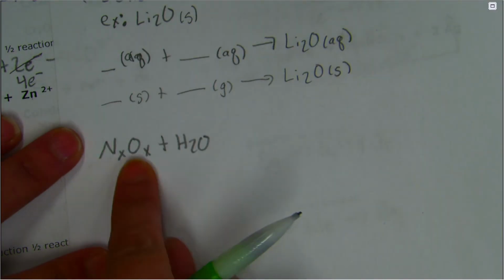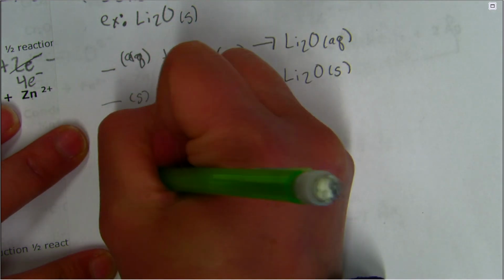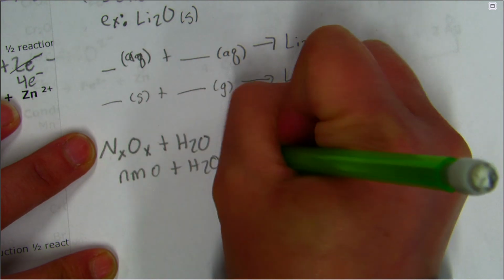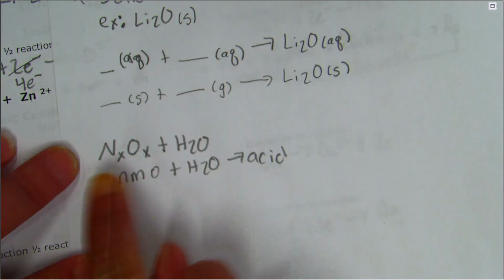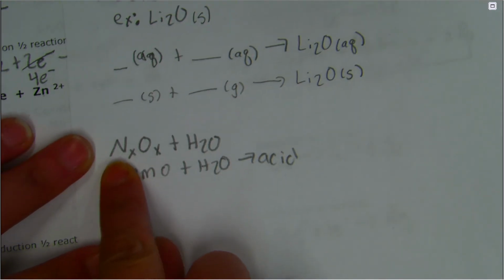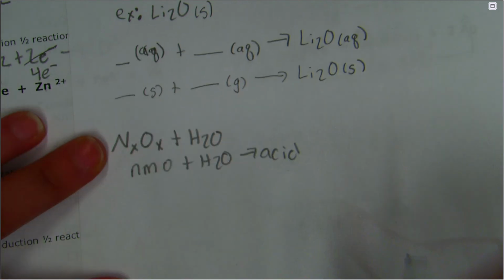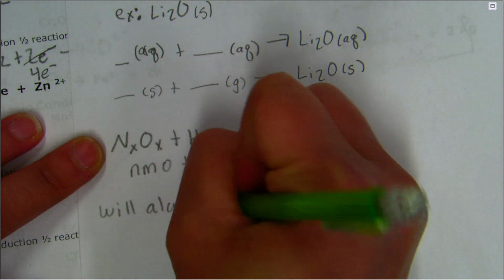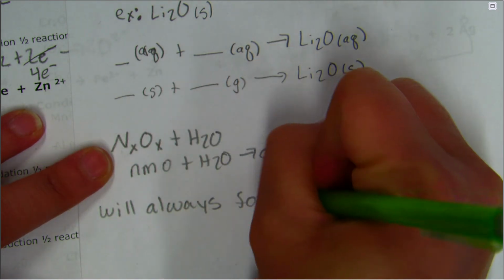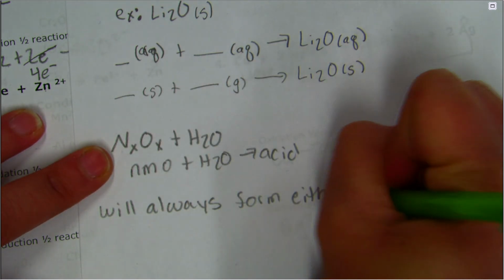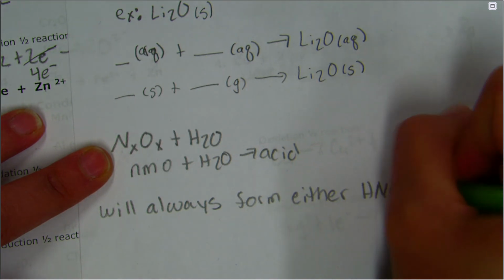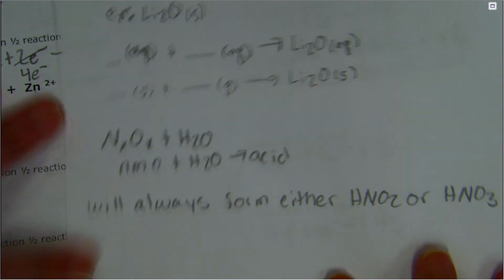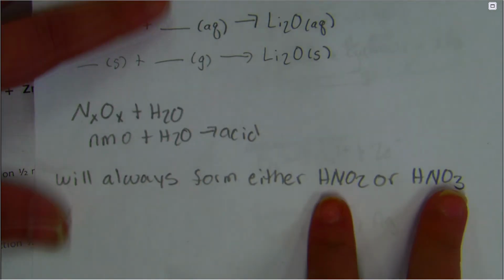So this is a non-metal oxide and water, so it is going to form an acid. If it is the nitrogen and an oxygen, this will always form either nitrous acid or nitric acid. So these are our two options.